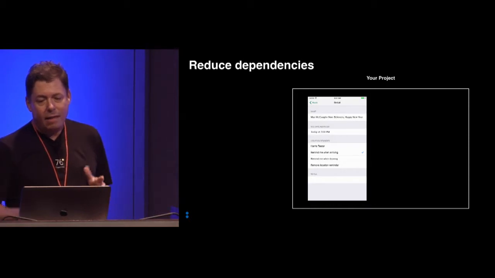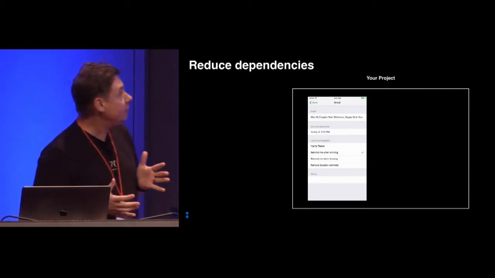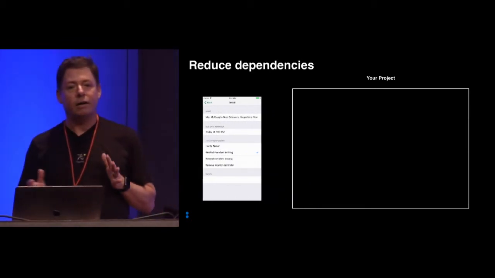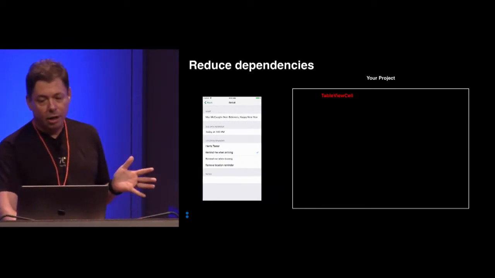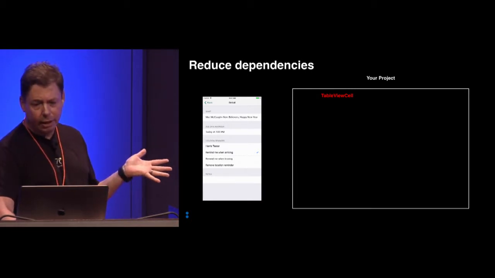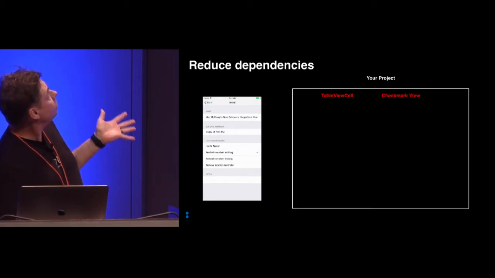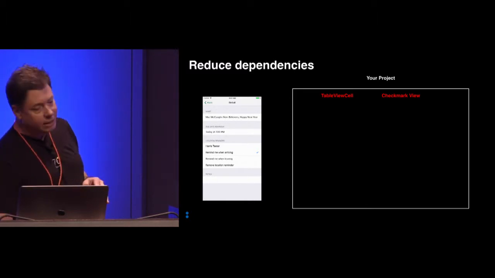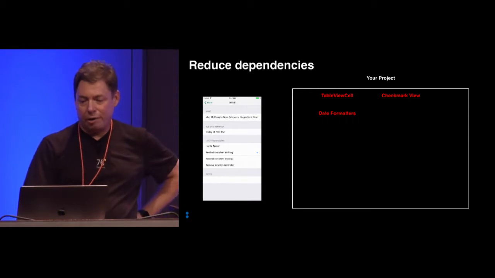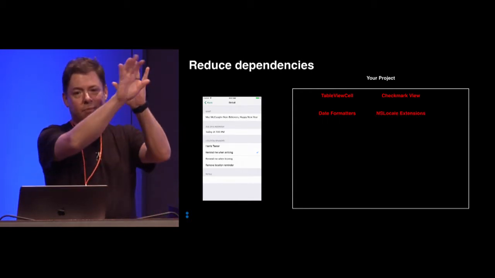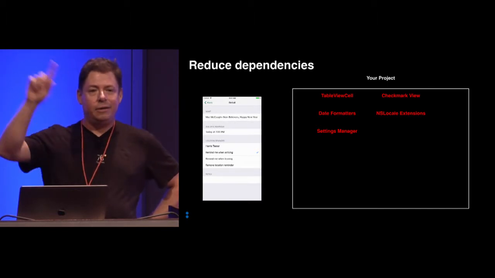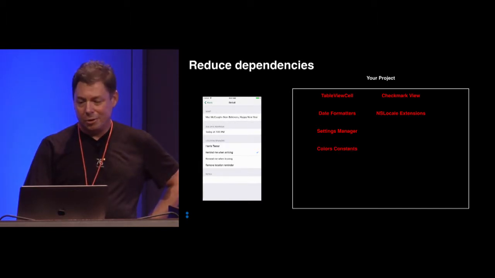What I mean by that is, let's say you have a project and you have a view controller in here, and it just about does what you want for another project. So you move it out into your application, and you go to build it, and suddenly you start getting errors. Well, this view controller references, say, a table view cell, and that references a checkmark view. And it uses some date formatters that you have in the application. And those may use an extension on NSLocale.